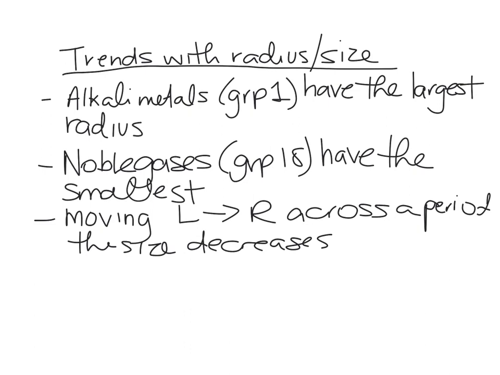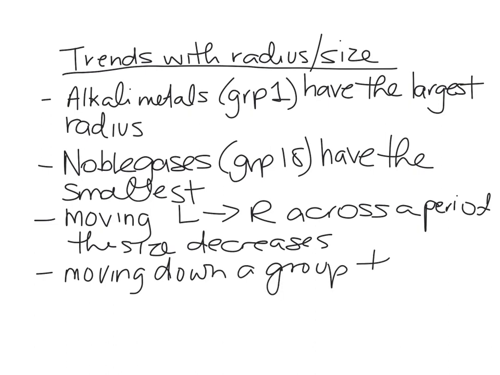What happens to the noble gases as you go down the group? They increase. So moving down a group, the size increases.